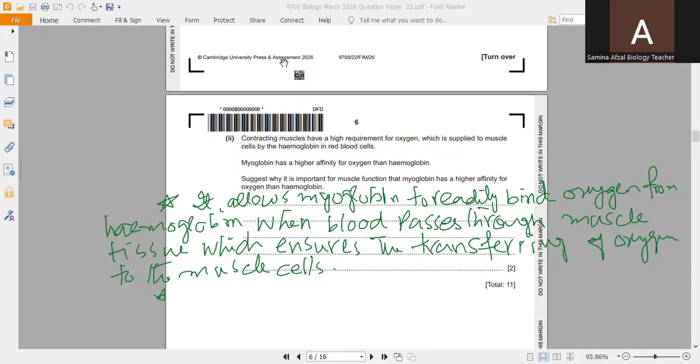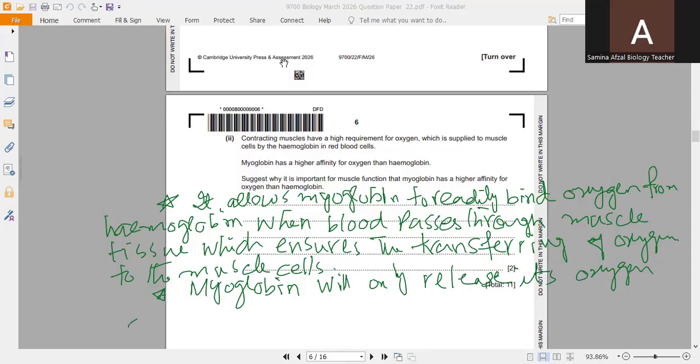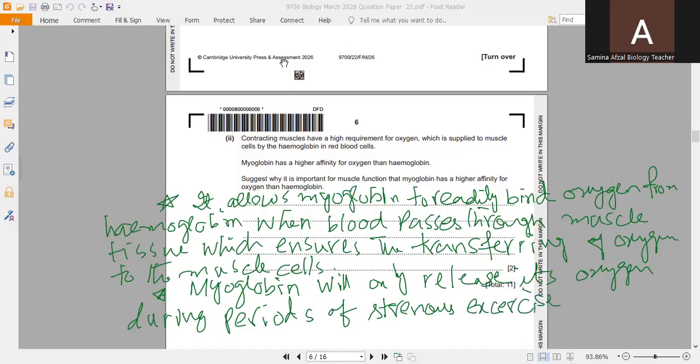Second point, I would like to write that myoglobin will only release its oxygen during periods of stress or strenuous exercise or low concentration.